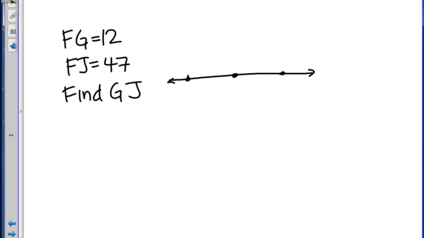So FG is 12, and we're looking for GJ. So GF is 12, FJ is 47. This is one way that we could draw this. Now we can find the total distance of GJ. How would I do that? Add 12 and 47.